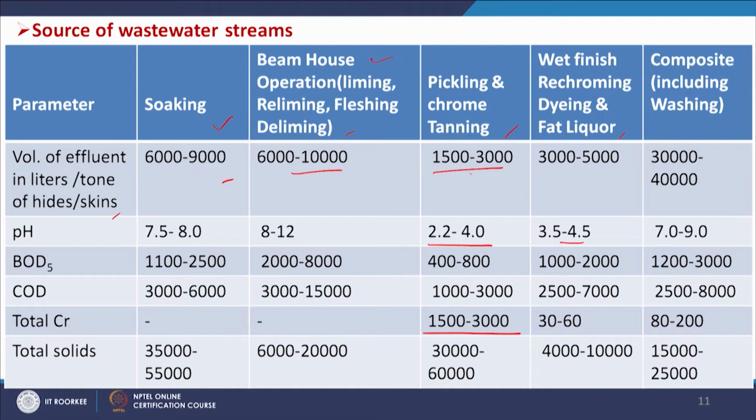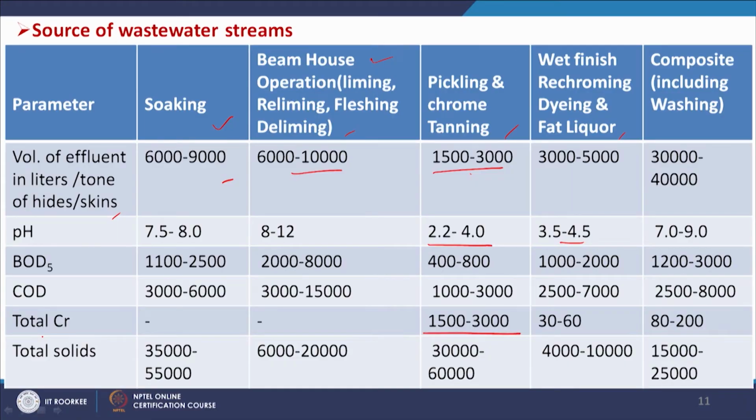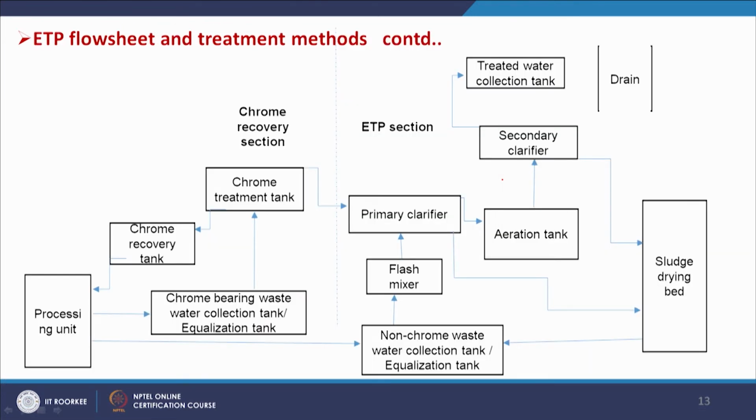Mostly it is advisable at least to treat the chromium containing stream separately and then recover the chromium, because it will give some value addition and improve the economy of the process as well. It will also help to treat the wastewater more easily, and the performance of the ETP will be much better.